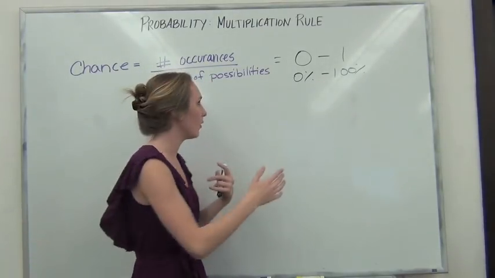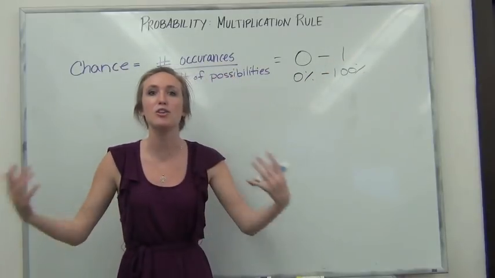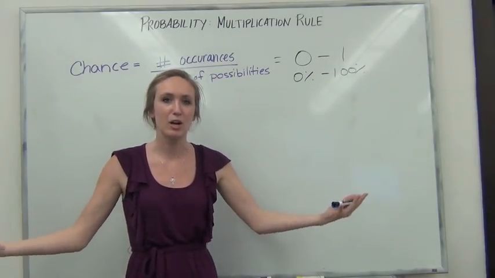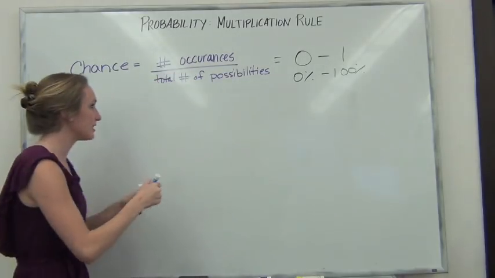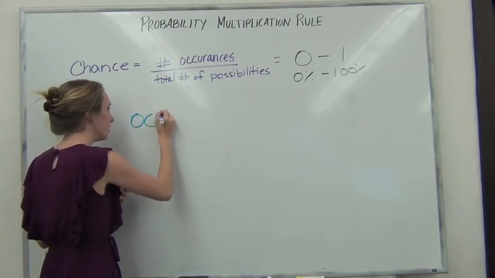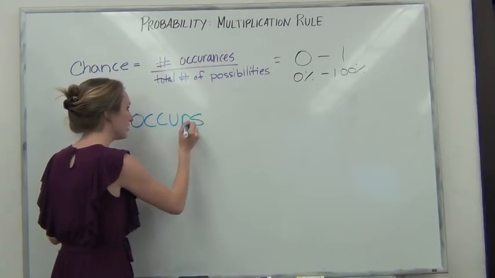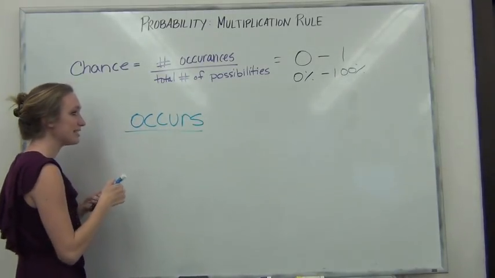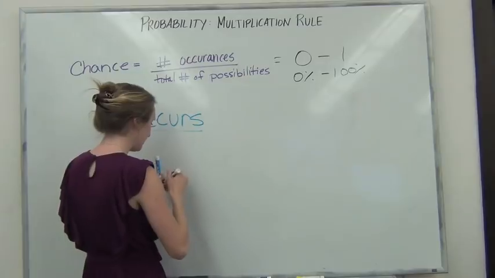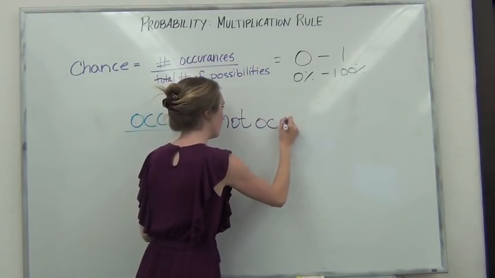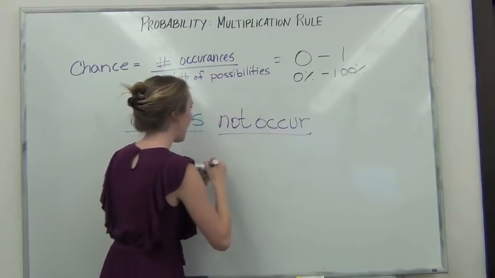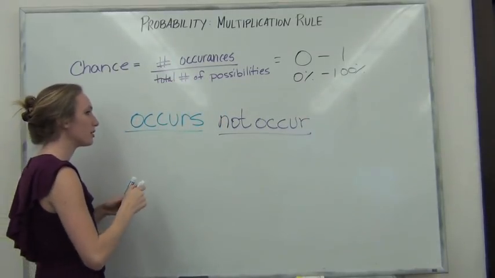That's why this can only go to 1. You can't be 110% sure of anything, right? You can only reach that max of 100%. So the chance that something occurs and the chance that something does not occur has to equal 100%.